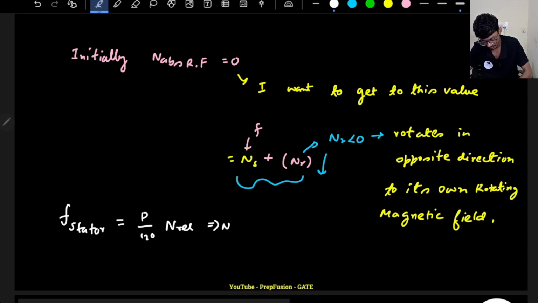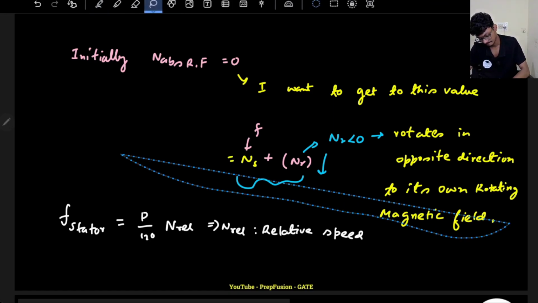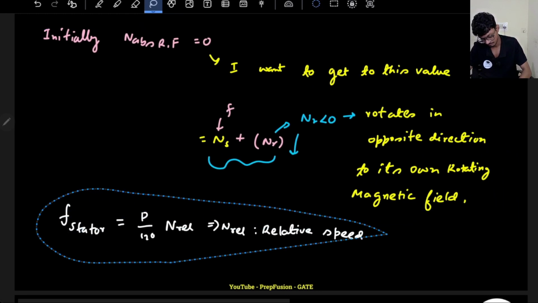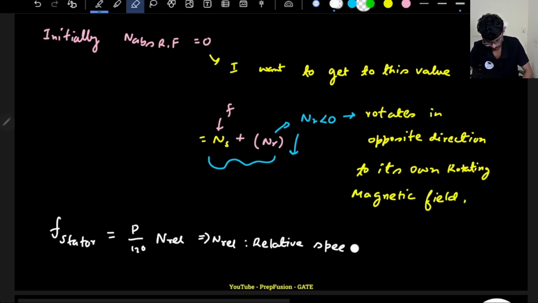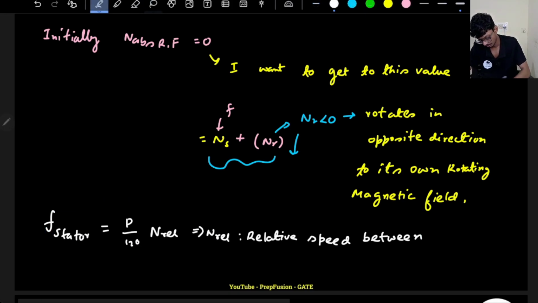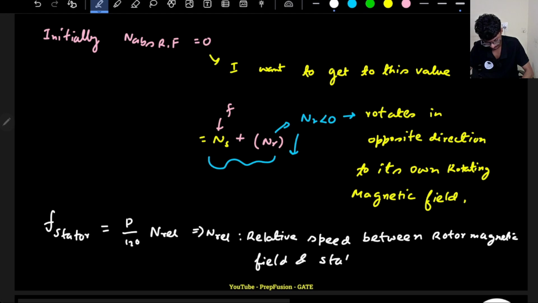So the n relative will be the relative speed between the rotor magnetic field, whatever is the speed of the rotor magnetic field, and the stator winding, right?